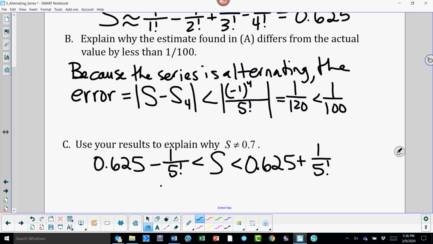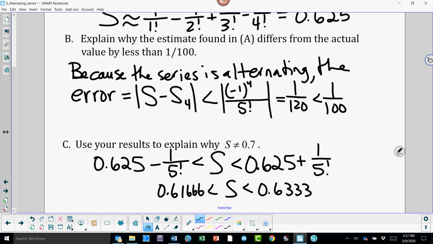If we do this in the calculator, we get 0.61666 is less than the actual sum, is less than 0.6333. So the actual sum is somewhere between 0.61666 and 0.6333.